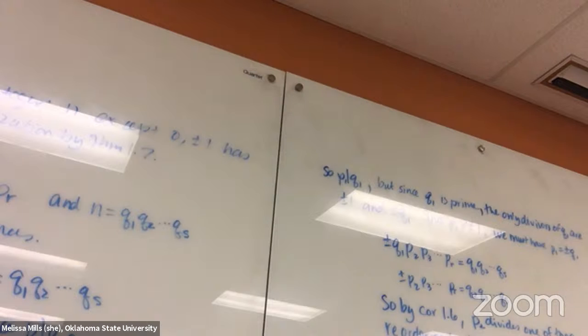We started by assuming that R is greater than S. We could do a similar contradiction if we assume S is greater than R, right?